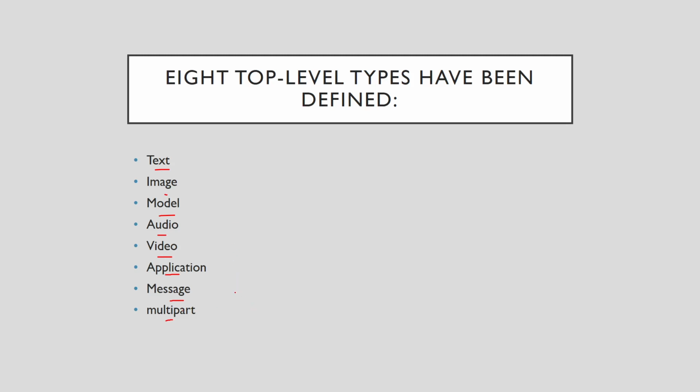Each of these has many different subtypes. And the most current list of registered MIME types is available at iana.org.